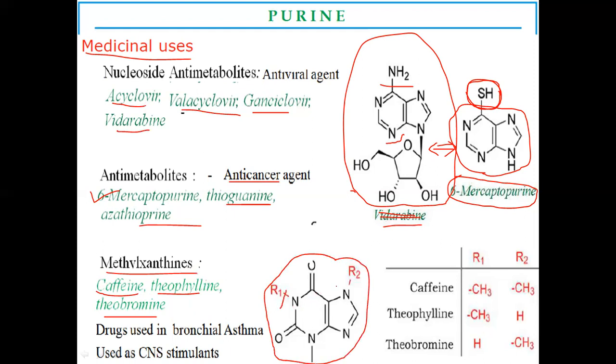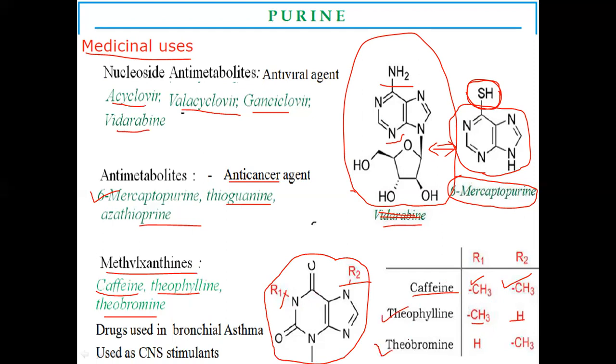Here is the substitution of R1 and R2. If R1 is a CH3 group and R2 is a CH3 group, the structure is caffeine. For R1 as CH3 and R2 as hydrogen, the structure is theophylline.